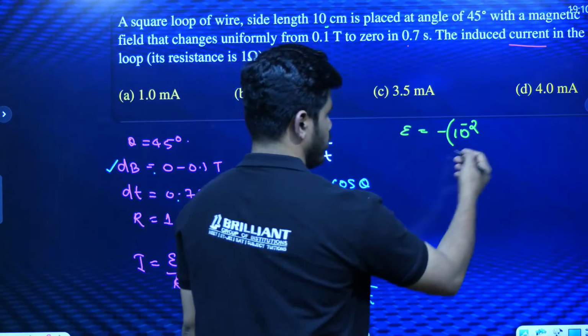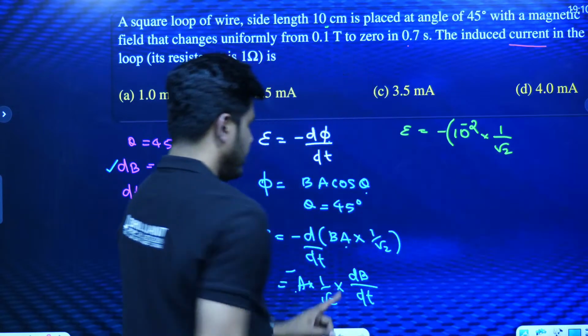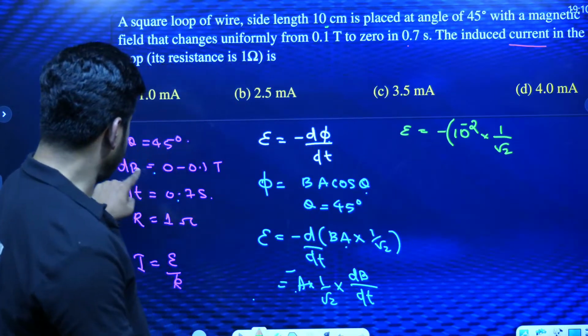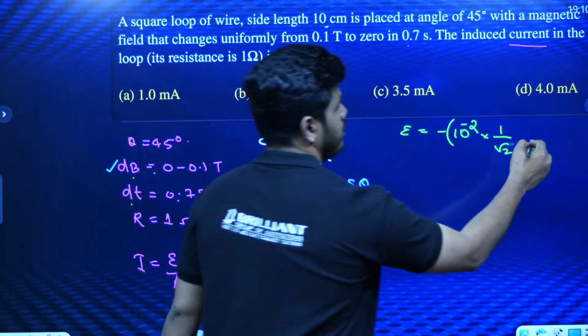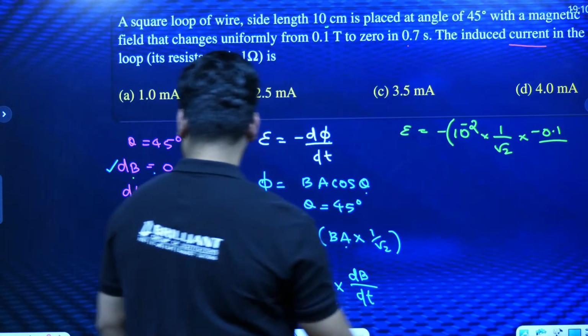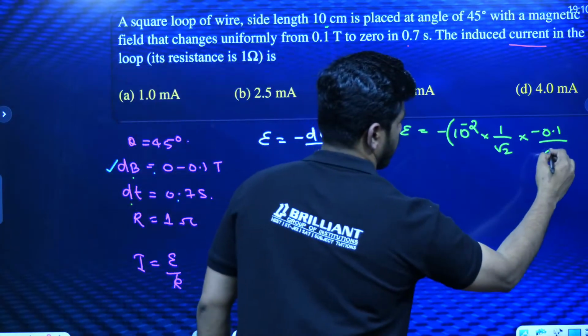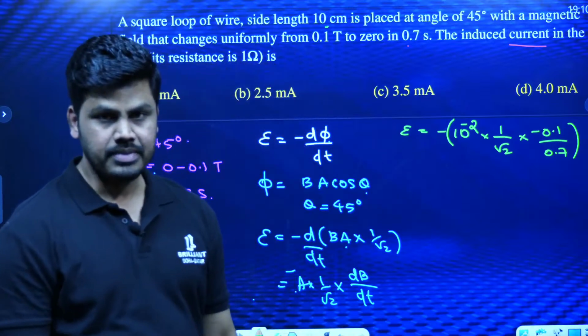Yes, 10 raised to minus 2. And what else do we have? 1 by root 2. And what is dB by dt? We have dB and dt here. dB is going to be 0 minus 0.1. So we get minus 0.1 divided by 0.7. Right, 0.7. So this is what EMF is. See, look at that.